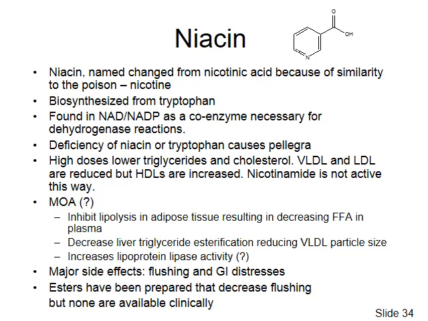And so niacin, we know, is a B vitamin. We know it's biosynthesized from tryptophan, that it is found in NAD and NADP as a coenzyme, which is necessary for many types of dehydrogenase reactions in the body.